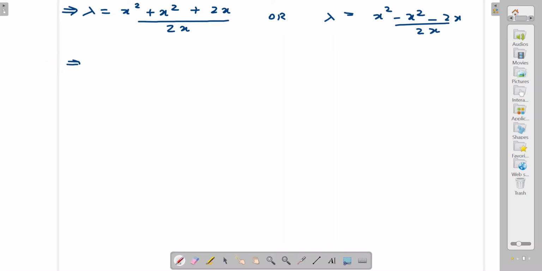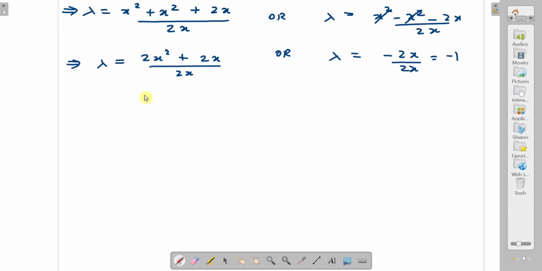So we are getting lambda equal to x square plus x square is 2x square plus 2x divided by 2x, or lambda is equal to, this x square and minus x square will get cancelled, we will get minus 2x divided by 2x, and this is equal to minus 1, okay.